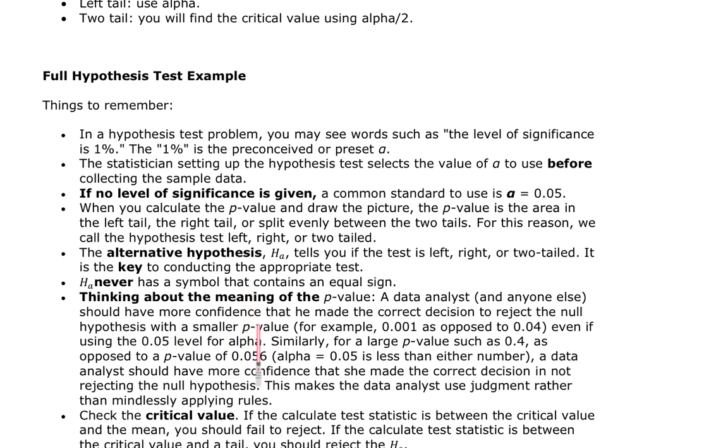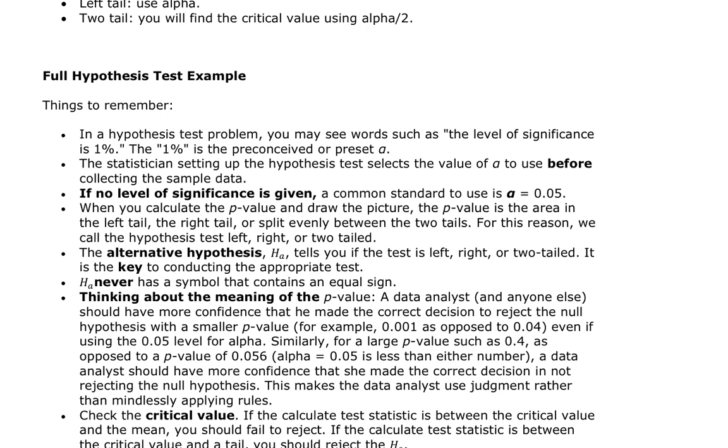So when we think about what we are getting, the p-value is the area under the curve. What we've talked about is if that area is larger than the alpha, so my p-value is larger, that means the area under the curve is larger. That means my z-score is falling in a region that says fail to reject. It's going to be in that region.